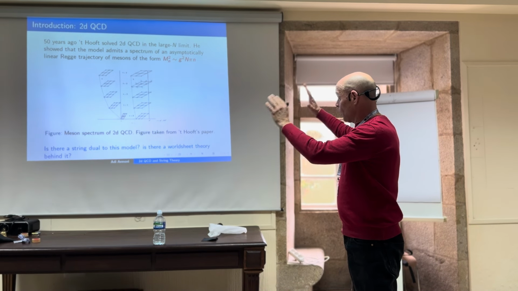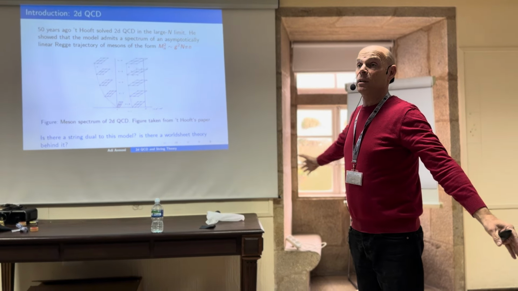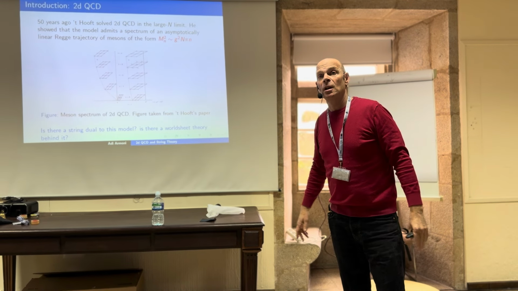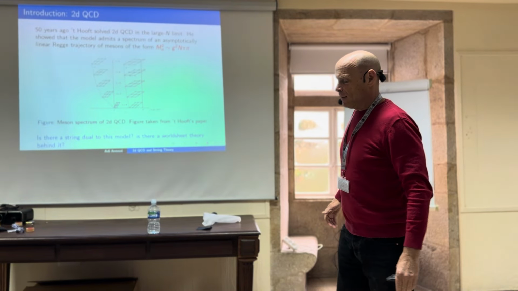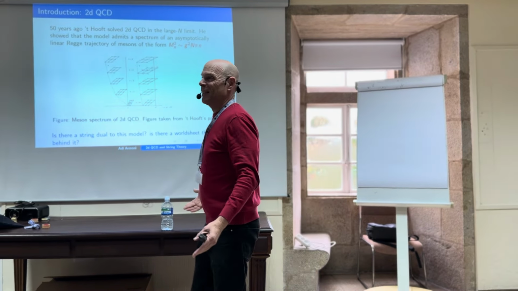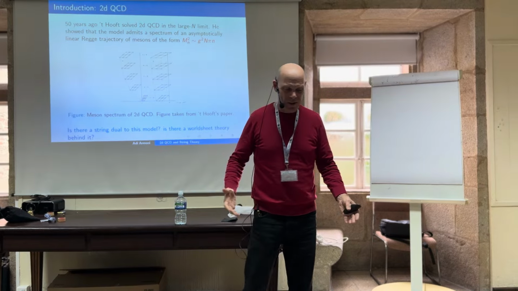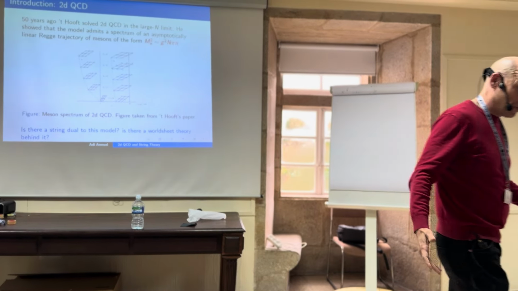So the idea is the following: we have an exact solution of a model, a large N 2D QCD, and we expect to have a string dual or a worldsheet description of the model.